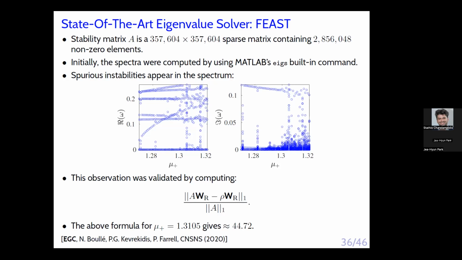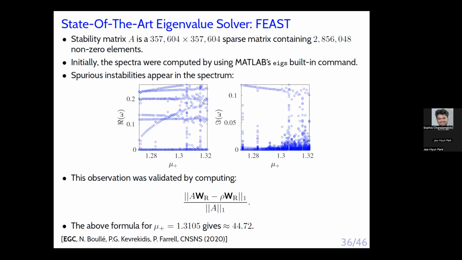MATLAB didn't say anything about accuracy or any problems until I checked the relative error of the eigenvalue that I had computed, and what I got was order one. So now those results are completely wrong. Are you computing all the eigenvalues?